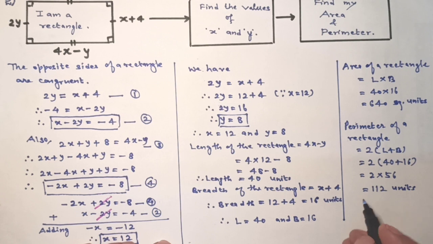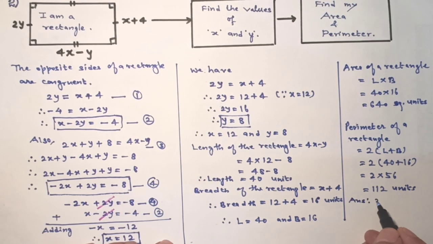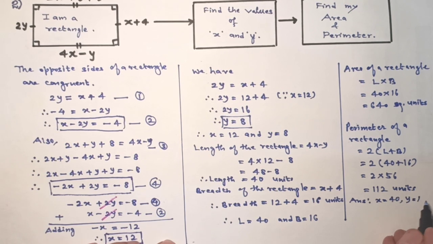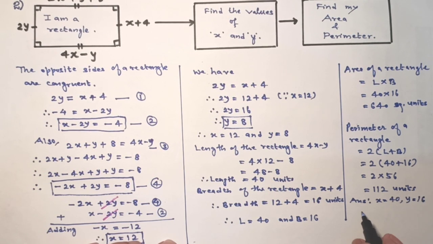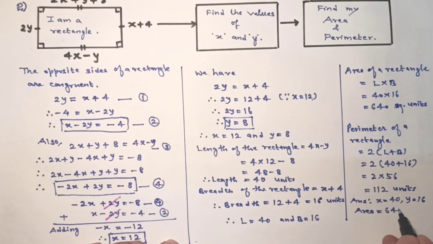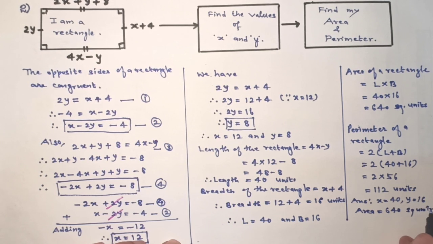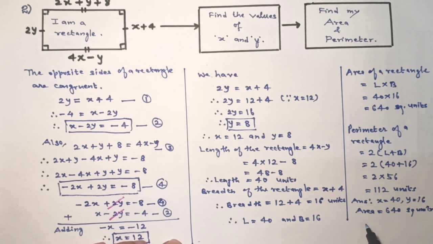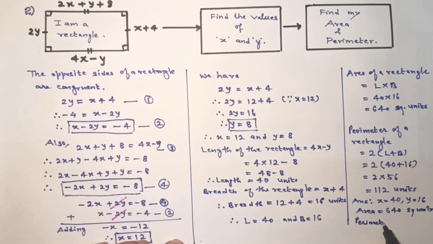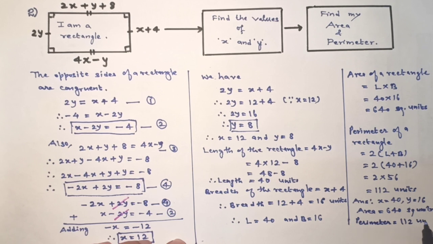X is 40, Y is 16, area 640 square units, and perimeter as 112 units.